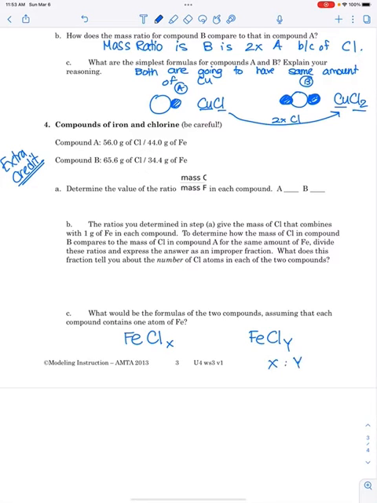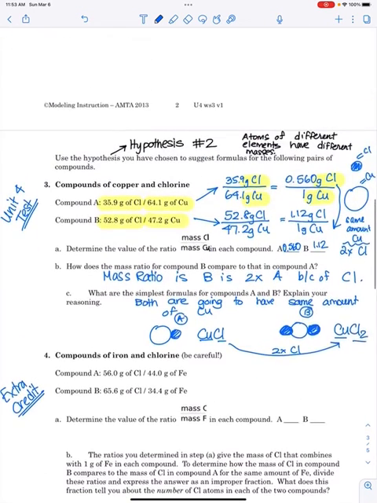X to Y is not 1 to 2, it's not 1 to 3. It's not going to be simplified. It's not going to be double, or it's not going to be triple. You're going to see that we're going to have a ratio of 3 chlorines to 2 chlorines between these two compounds. If that's true, what must these compounds then look like if they have the same amount of Fe, which is iron? But that's all for us here.